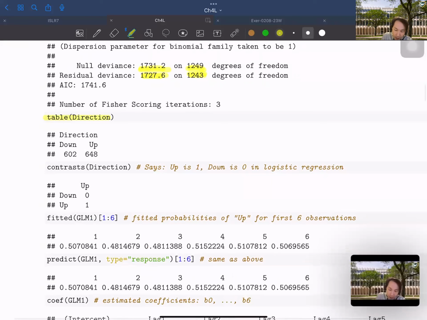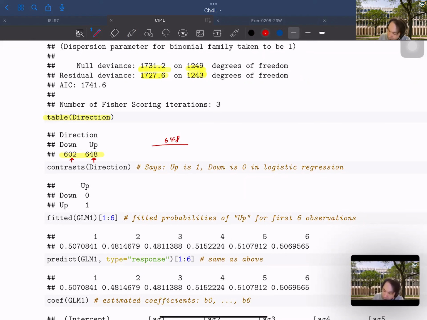At first, we describe the response variable. The stock market goes down on 602 days and goes up on 648 days. It's natural because the stock market goes up over time, so slightly more days have positive returns.